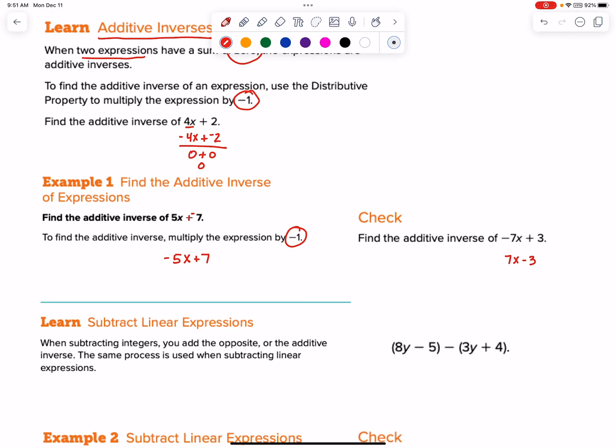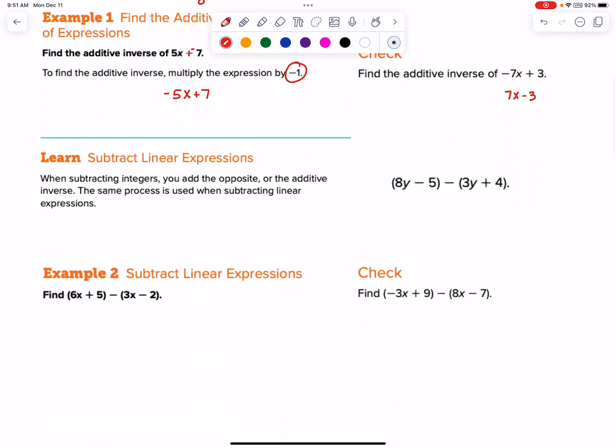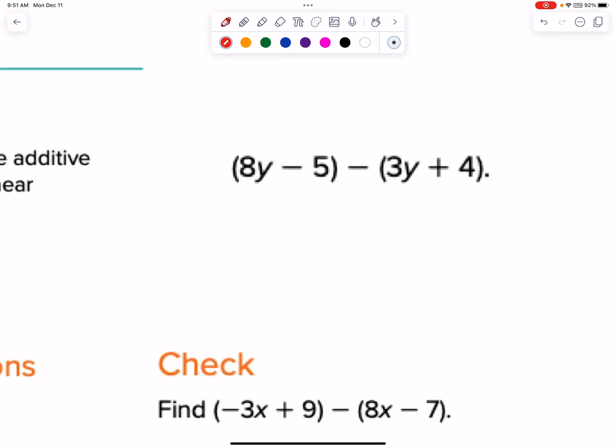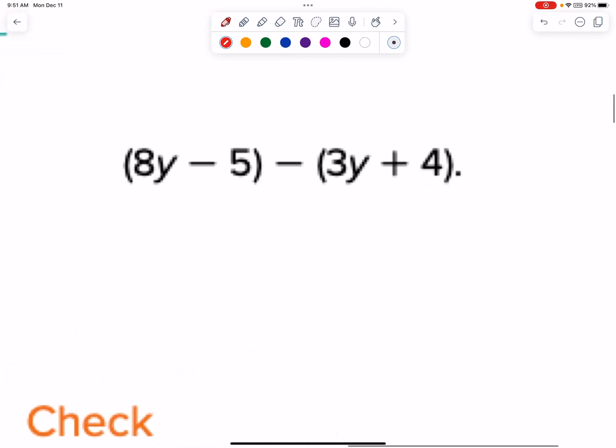That's additive inverse. Let's go ahead and move on to actually subtracting linear expressions. It says here, when subtracting integers, you remember add the opposite or the additive inverse. So what we're talking about is making sure that you actually multiply or distribute that negative.